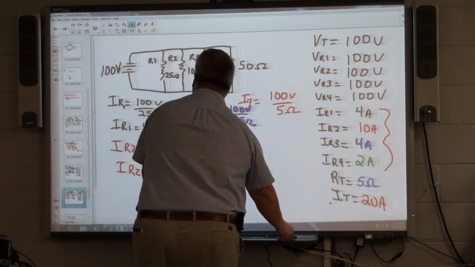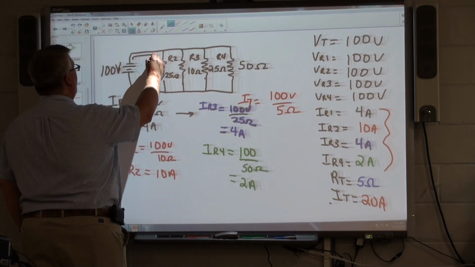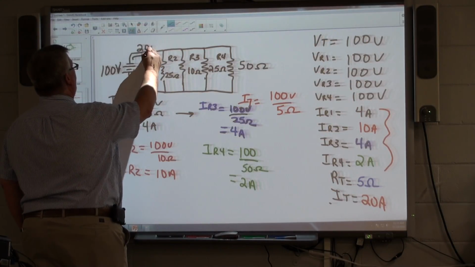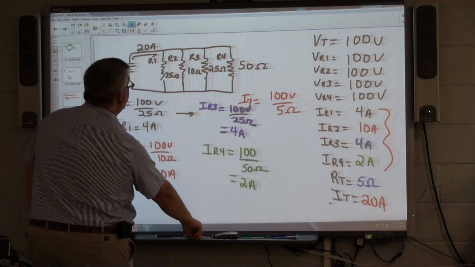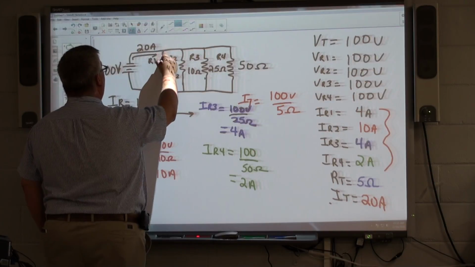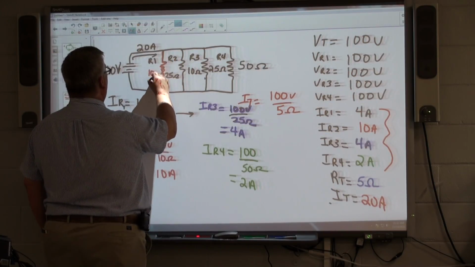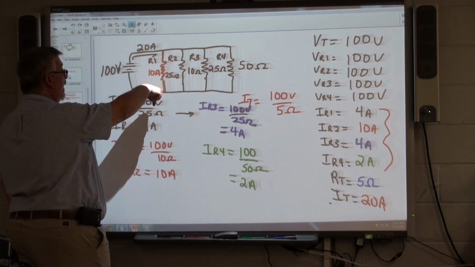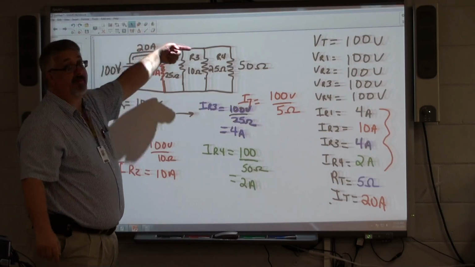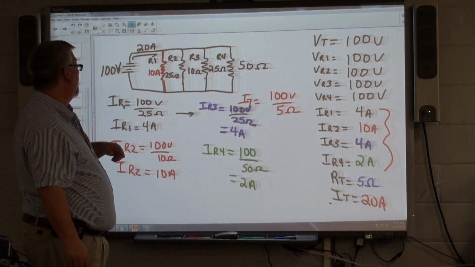What is literally happening is we've got 20 amps chugging along right here. When we get here, half of that current is splitting this way. So that means we've got 10 amps going this way. How many amps are left going that way? 4 amps going that way, right?